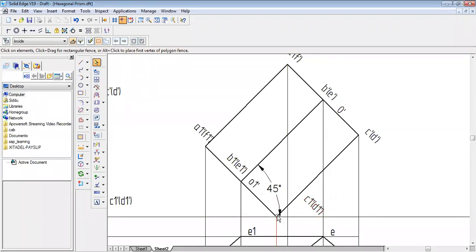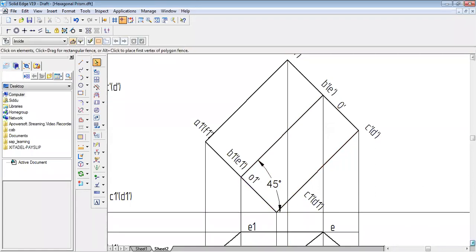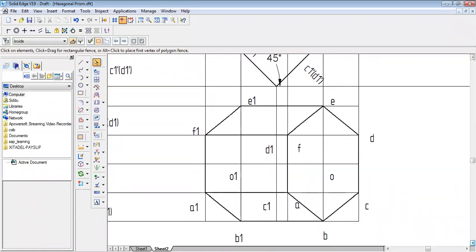At the same time, C1 to B1, D1 to E1, this one is also going to be unseen. So let us mark it with unseen edges. So this is my C1 point. This is my D1, E1 and B1. So let us mark them as unseen. Before that, we'll split it and make it ready.